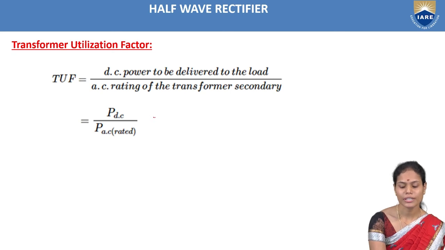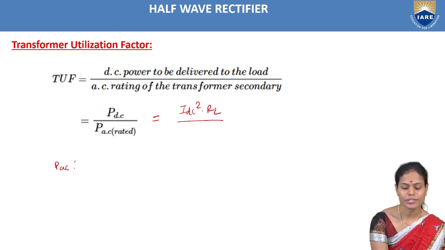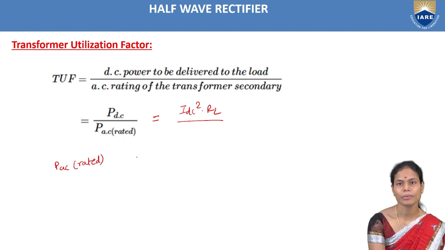So here the PDC value, we already know, is IDC square into RL. But PAC rated is the rating of the transformer secondary.